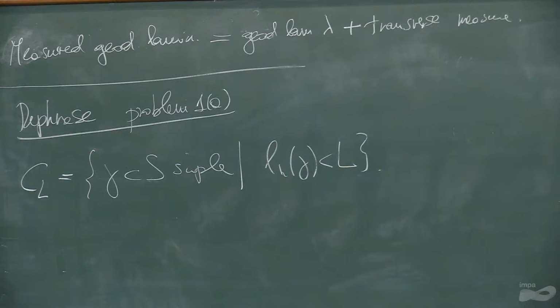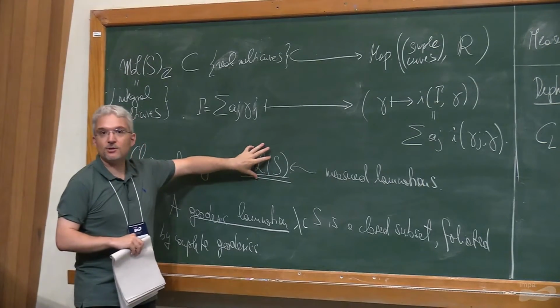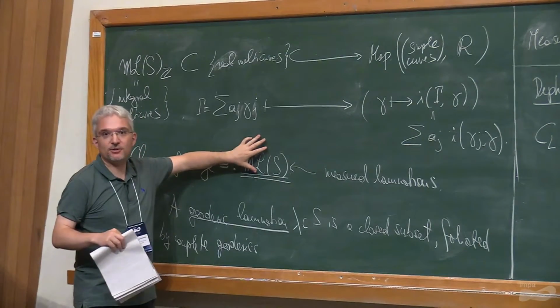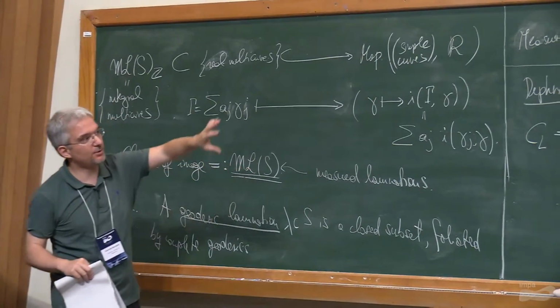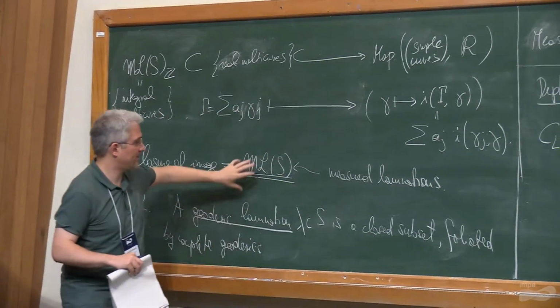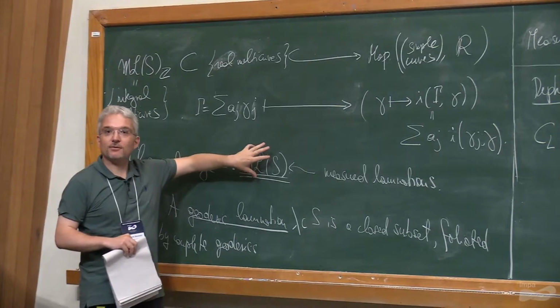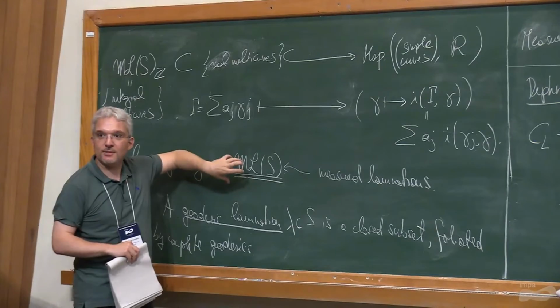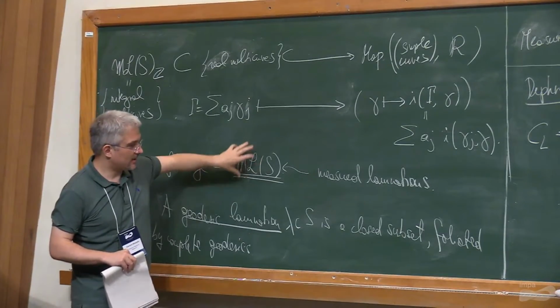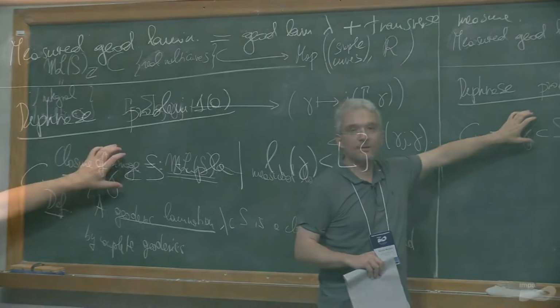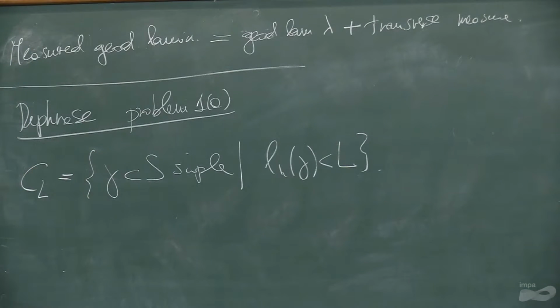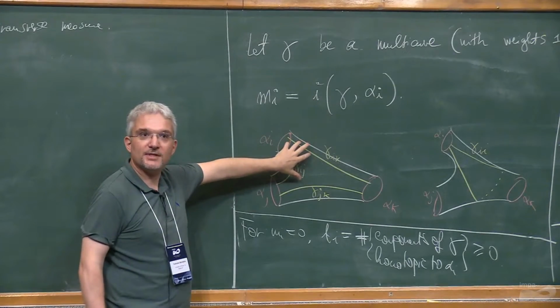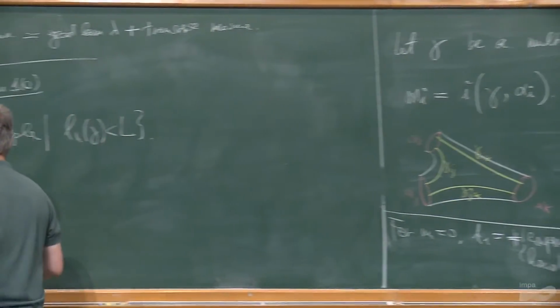To see this as integral points, and also we want to see that this is a manifold of dimension 6g minus 6, so that we have a situation like in density estimates. So to see that this is a manifold and that those ones are integral points, you pick a chart, and you see that this is a manifold, and that in the chart, the simple closed curves correspond to integral points.